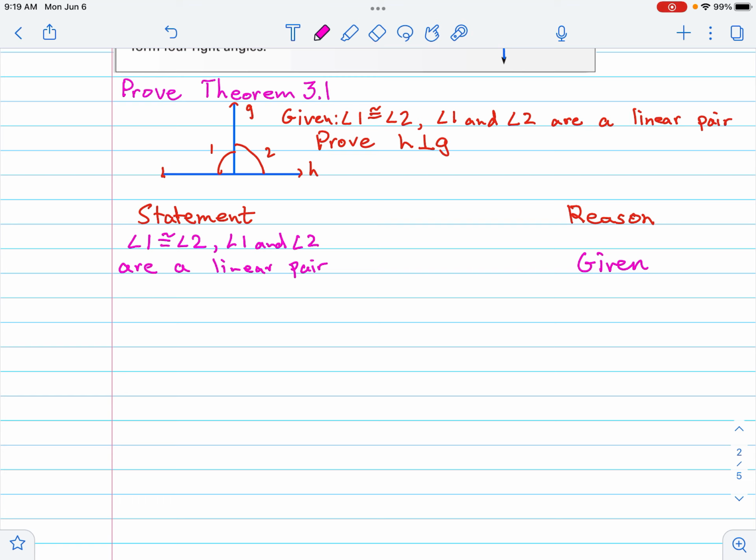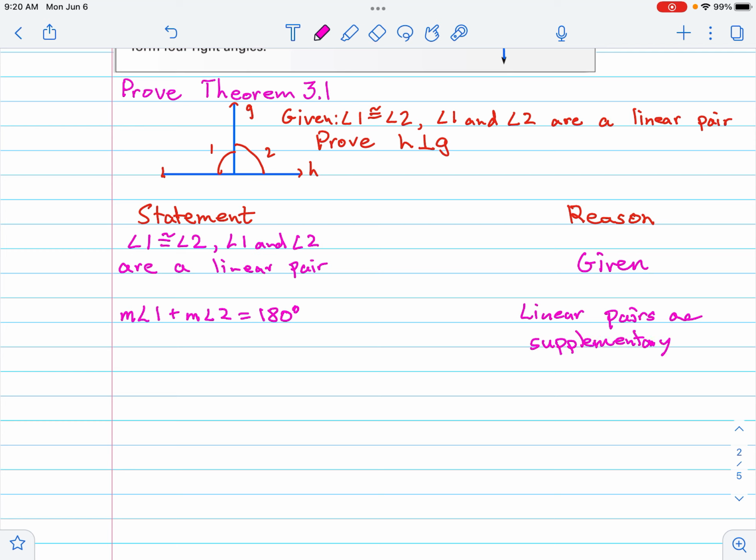Well, we think about what we know about linear pairs. Well, the measure of angle 1 plus the measure of angle 2 is equal to 180. This is something we know, because linear pairs are supplementary.